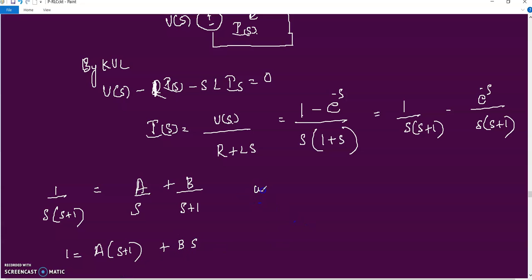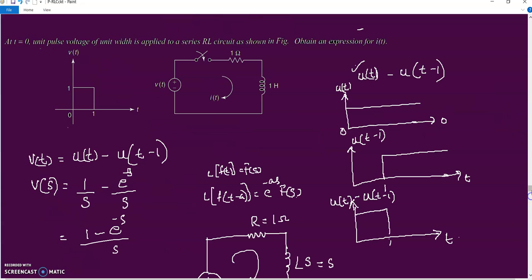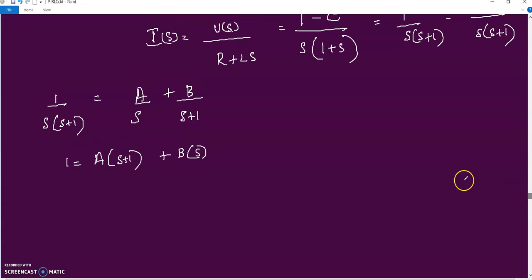So when s is equal to 0, we will get A is equal to 1, and when s is equal to minus 1, we will get B is equal to minus 1.